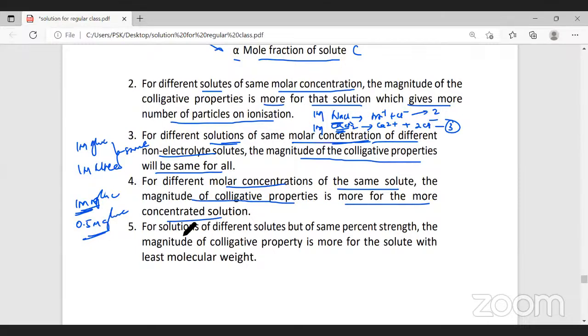The fifth point: for solutions of different solutes but of the same percent strength, the magnitude of the colligative property is more for the solute with less molecular mass.